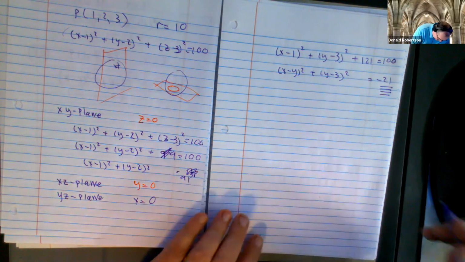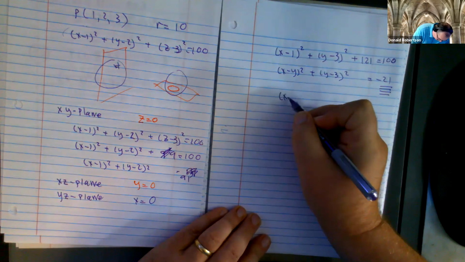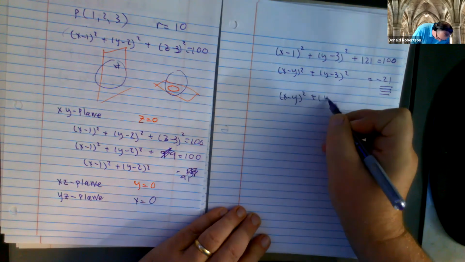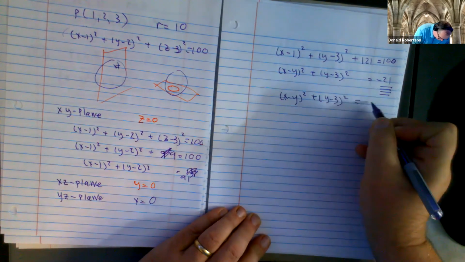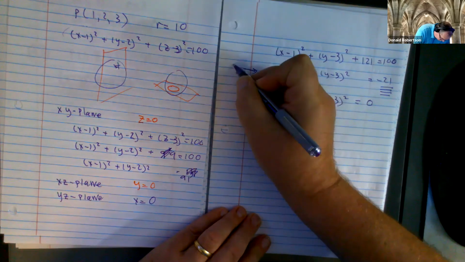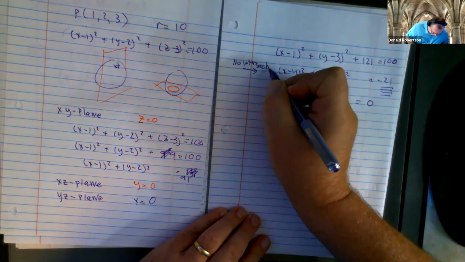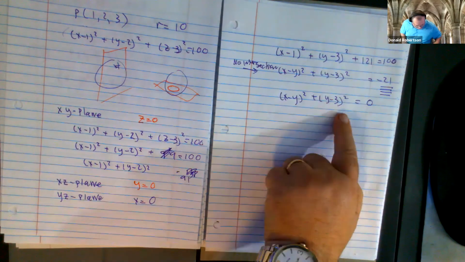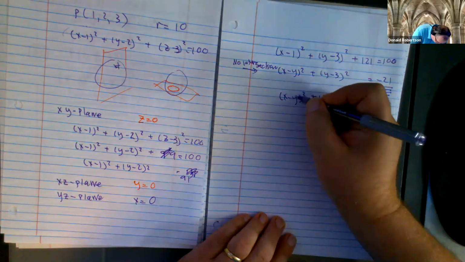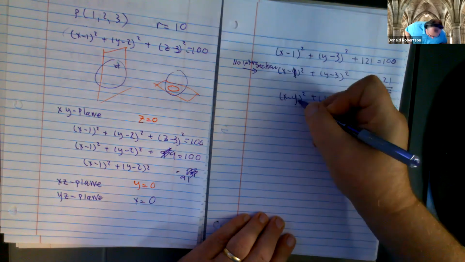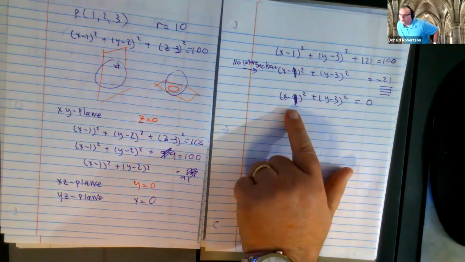What would this mean if this happened? So this means no intersection. Why is that? What would that mean?